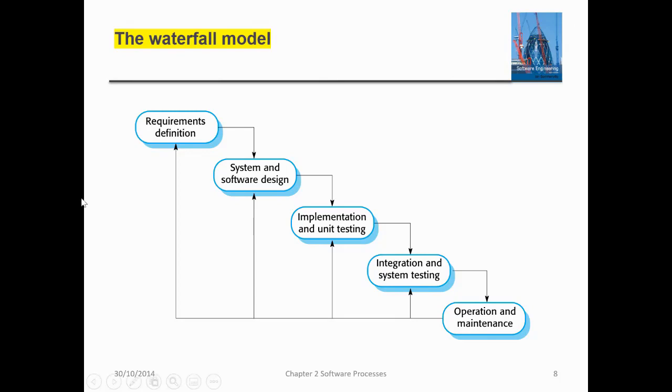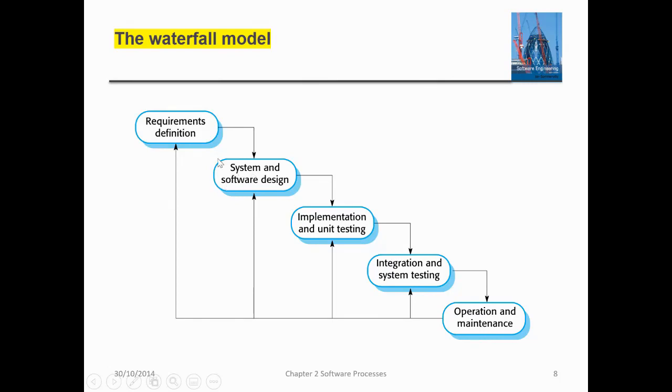Now, even when I took this class back in the late 80s, early 90s, these arrows were on here, and these arrows are a little confusing because it makes it look like you can go back and forth. But that's not the waterfall model. The waterfall model is separate and distinct, and you drop down from tier to tier like a waterfall and move forward.